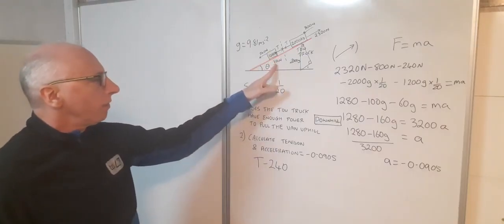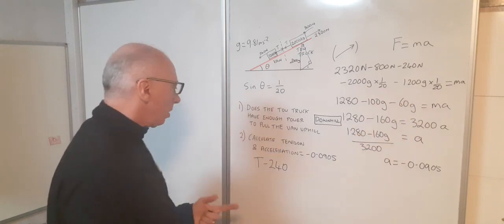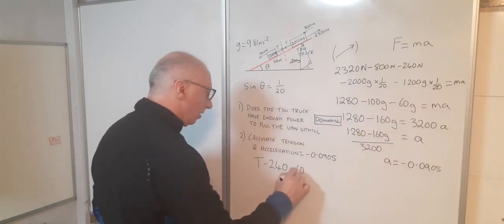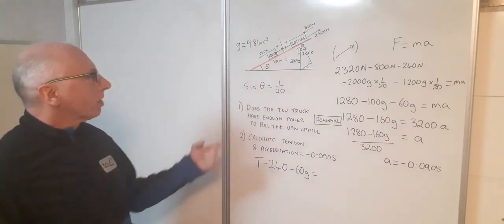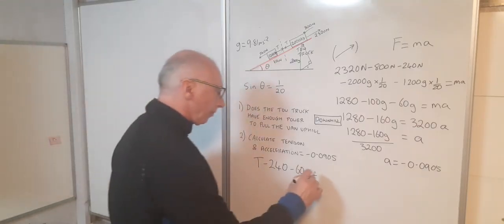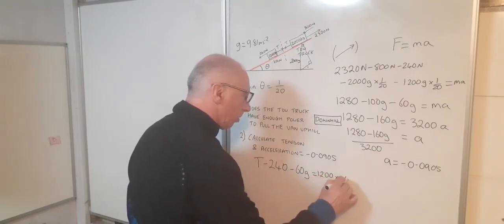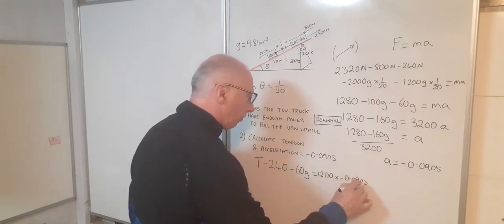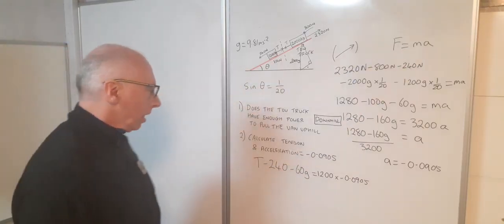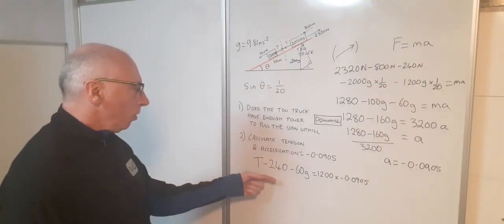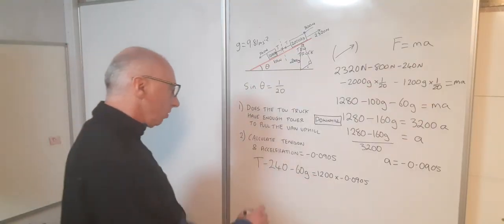And then at the van, what's going on? We've got this one here, which is 60g, so we subtract 60g. And that equals mass times acceleration, which is 1200 times minus 0.0905, again using force equals mass times acceleration. If we move all of this over to this side, we can calculate our resultant tension.